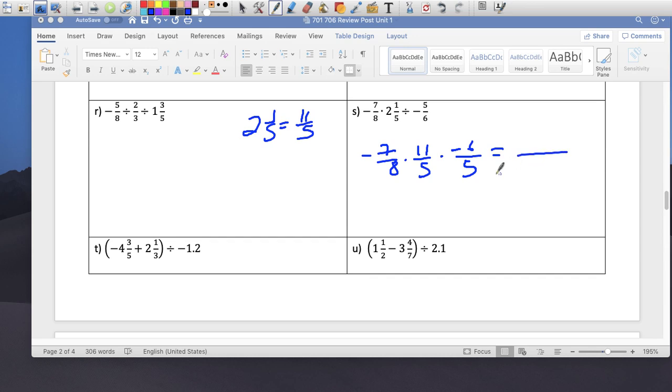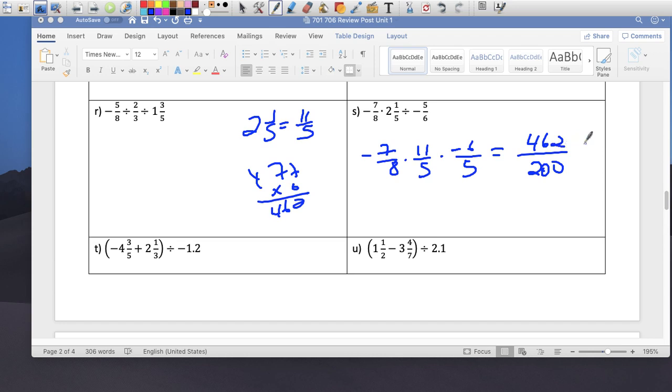That's 8 times 5 is 40. 40 times 5 is 200. So the bottom's going to be 200. And then, not negative. I don't know why I put it negative there. 7 times 11 is 77. And then times 6. 2, 4, 42. 42 plus 4 is 462.